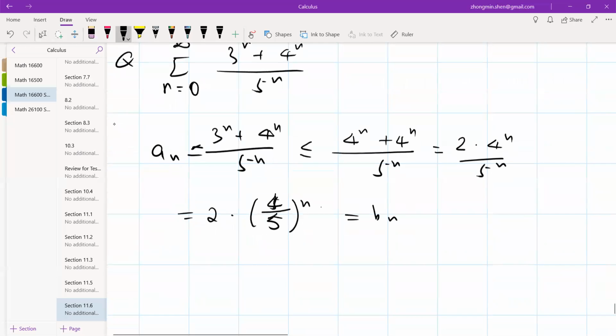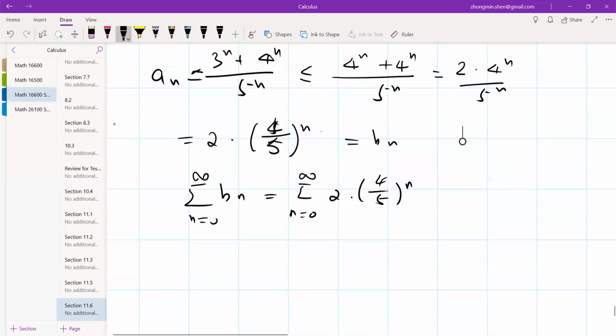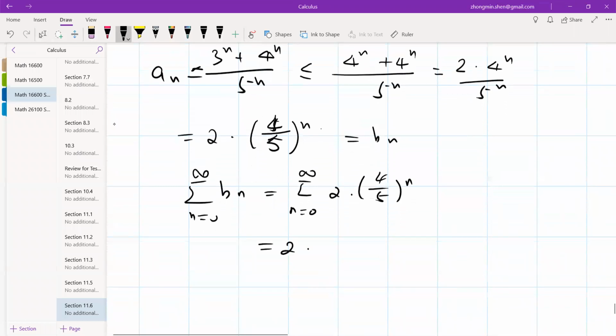All right? Sigma b_n is convergent, n starts from 0 to infinity. It is going to be 2 times the sum of 4 over 5 to the n. It's a geometric series. Take the 2 out.